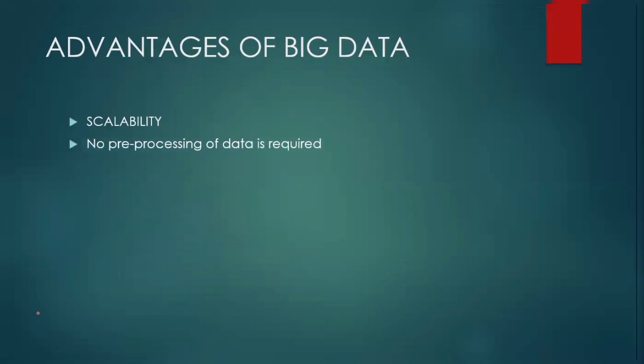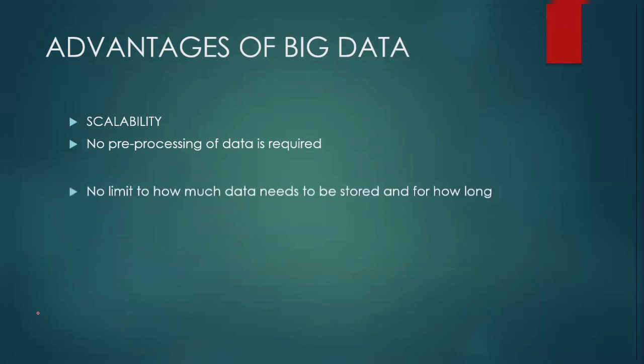Unlike traditional relational databases, no pre-processing is required before storing. You can just store the data directly in Hadoop. Any unstructured data such as text, images and videos can be stored. There is no limit to how much data needs to be stored and for how long.